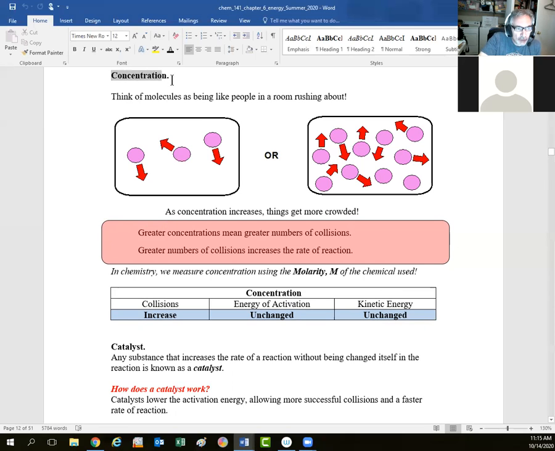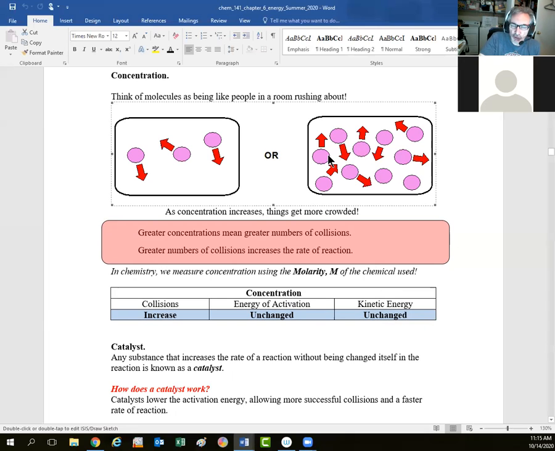But if we increase the concentration, we increase the congestion in the reaction. And so if you're walking down the corridor during break time, 50 minutes past the hour to 59 minutes past the hour, there's probably a lot of people in the corridor, and that congestion means that there's more likelihood of collisions.